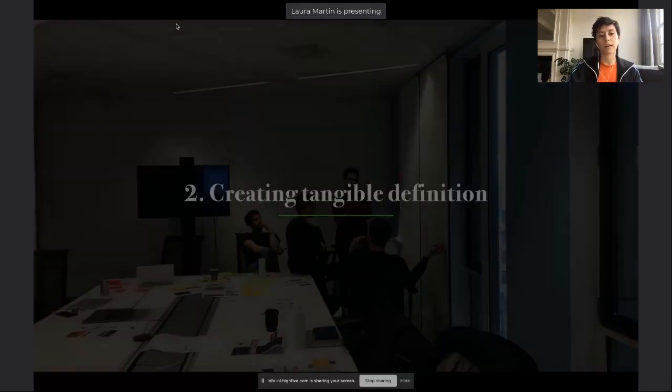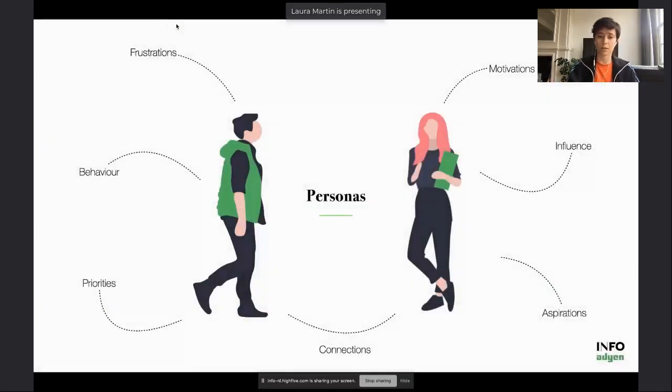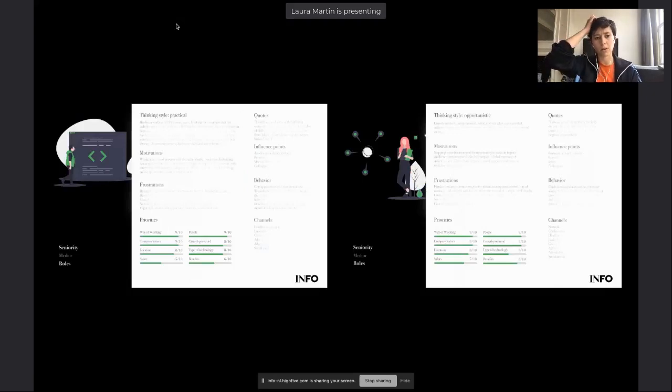So in our case, for example, I think personas were one of the main artifacts that really helped us to make decisions. Of course, it was a deep understanding of frustrations, motivations, behaviors, aspirations. For this specific project, we had 2 main personas that were basically 2 main profiles that Adyen was really interested in knowing more about.